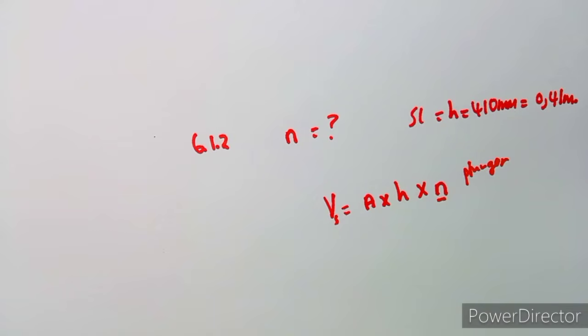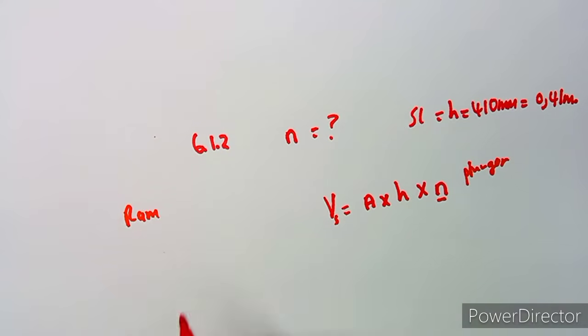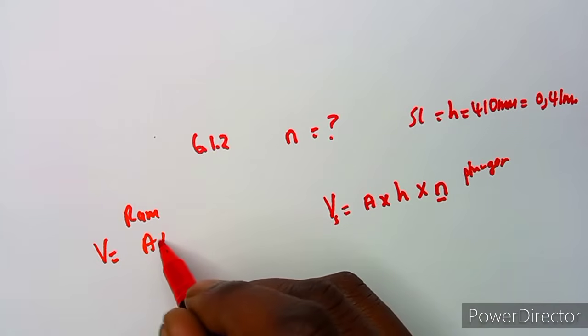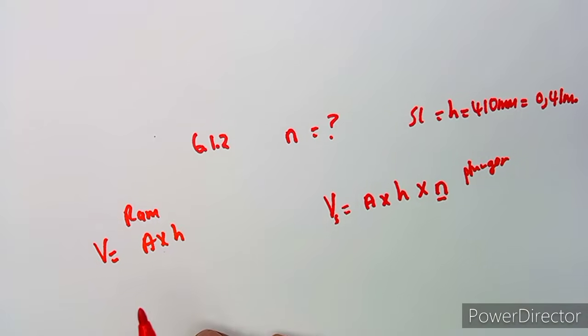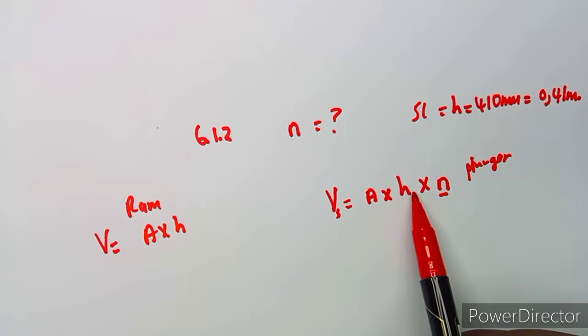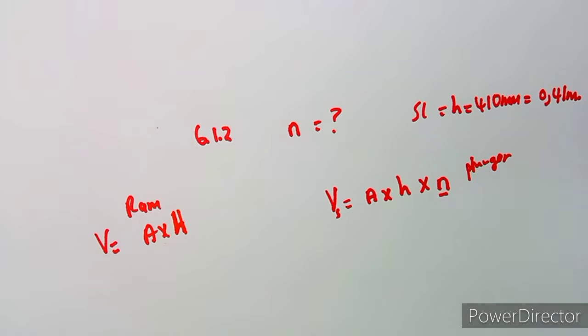The actual volume on the ram, because on the ram we also have a volume, is given by the same formula, area times the height, but this time it's not the same height. Let us just put h like this. This is the height which is affecting the ram.